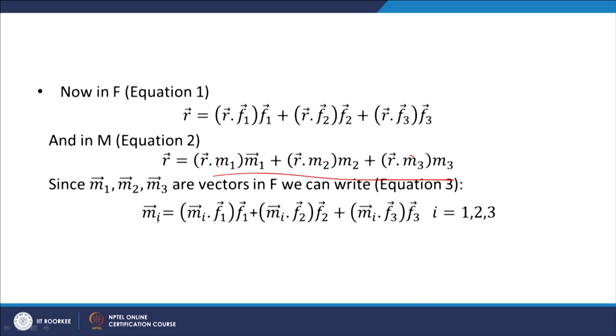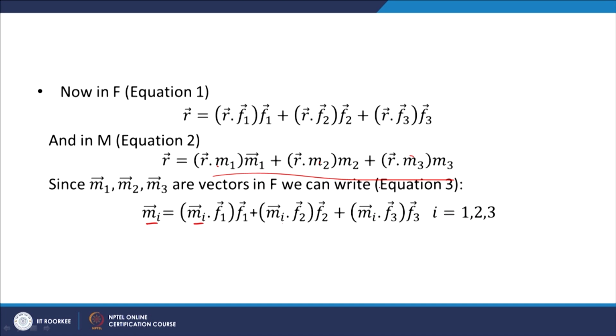And mi, or m1, m2, m3, these are also vectors in the F frame. So, the mi vector can be written as, if you replace R with mi, mi dot f1 into f1 plus mi dot f2 into f2, plus mi dot f3 into f3, i equal to 1, 2, 3.